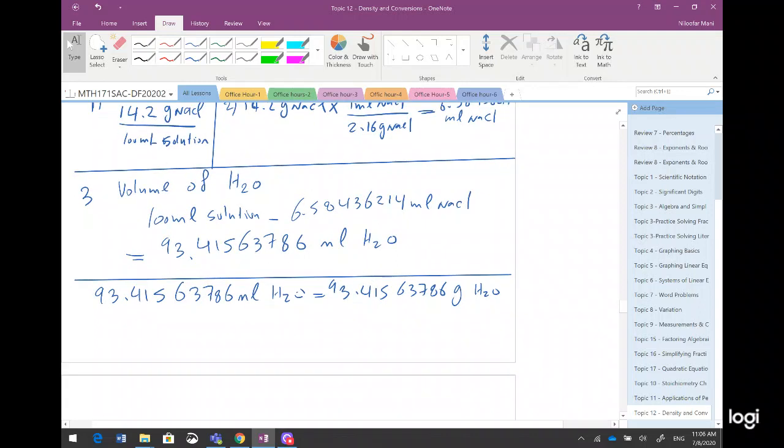So now I can say, okay, I have gram of solute, which was from the beginning 14.2 gram, and I have now the total. So here the answer is that.